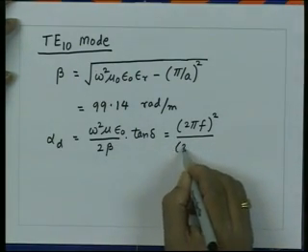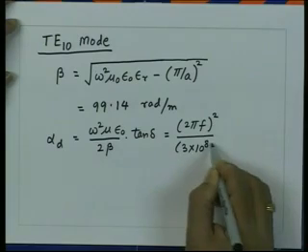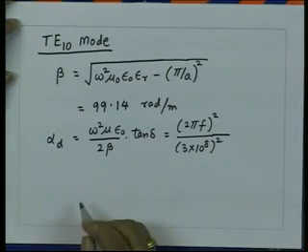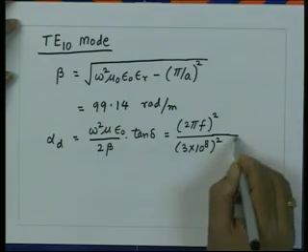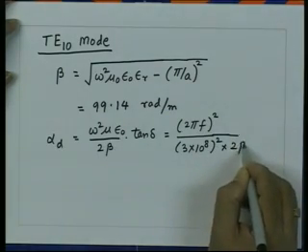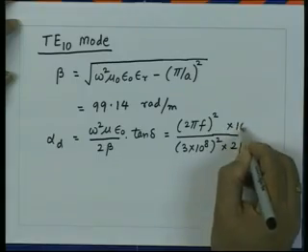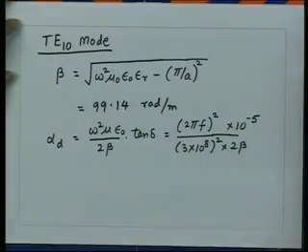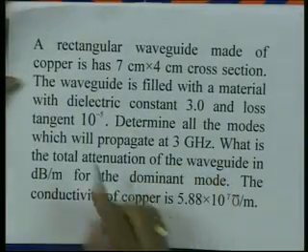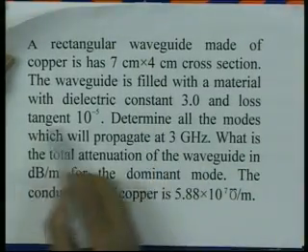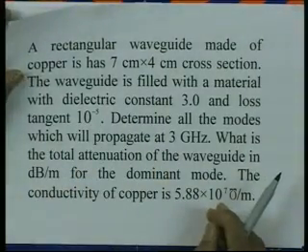So, this will be 3 into 10 to the power 8 square into 2 beta into tan delta, which is 10 to the power minus 5. This is what is given here, that the medium has a loss tangent of 10 to the power minus 5.